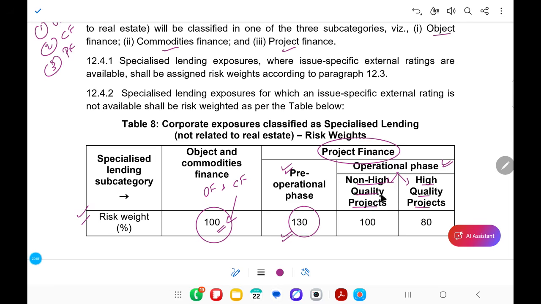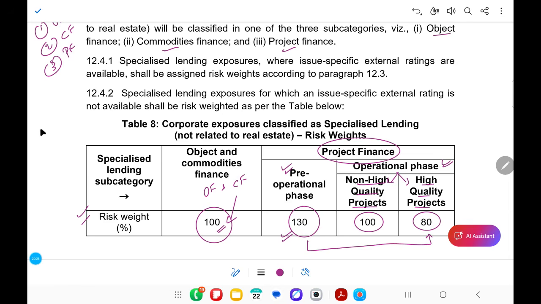If it is a non-high quality project, the risk is higher, at 100%. When it comes to high quality projects, the risk is significantly lower, 80%. You can see how the risk weight has come down from 130% to 80%. Am I clear here?